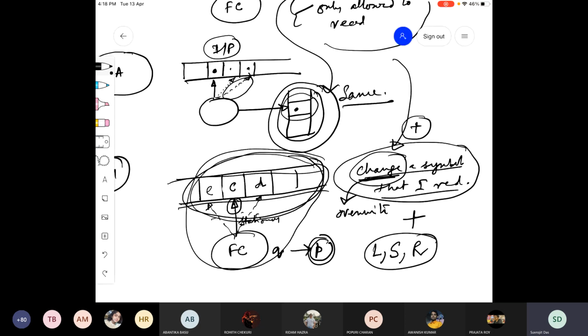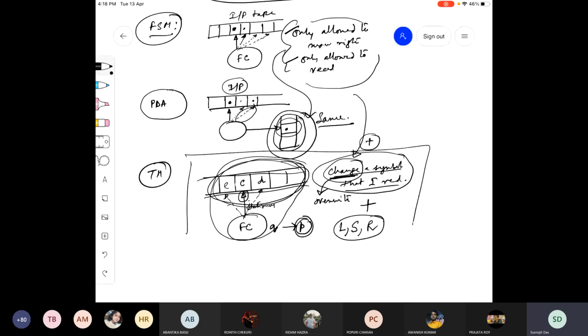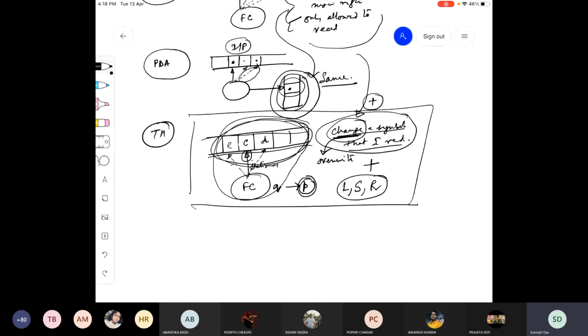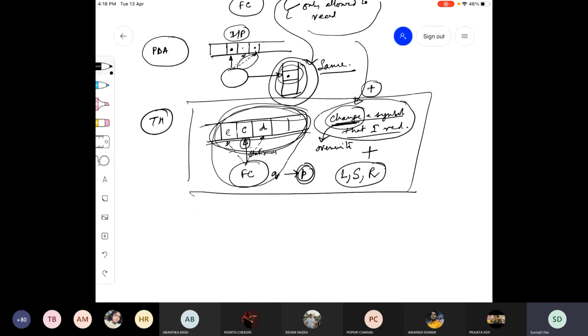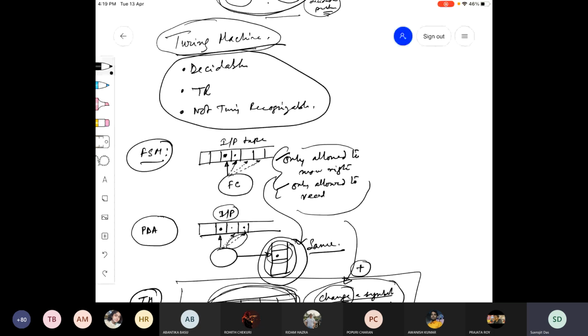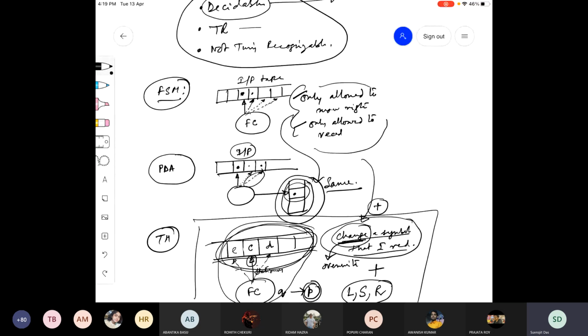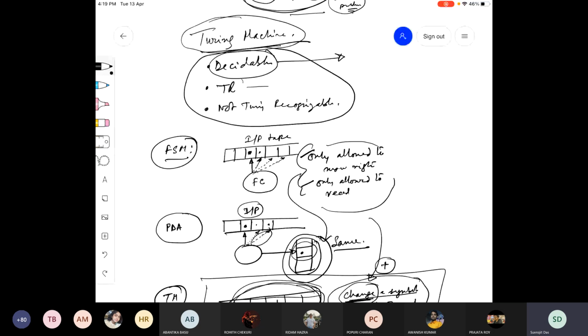So that little change makes this model of computation the most generic model of computation in its most acceptable form. And with this change, it can define certain language classes that I was talking about. It can decide certain languages. It can define certain languages to be decidable with its power, right? It can define certain languages to be Turing recognizable, and it can define certain languages to be not Turing recognizable also.